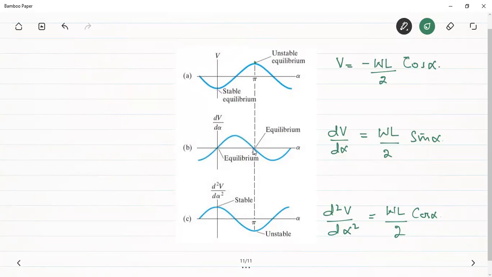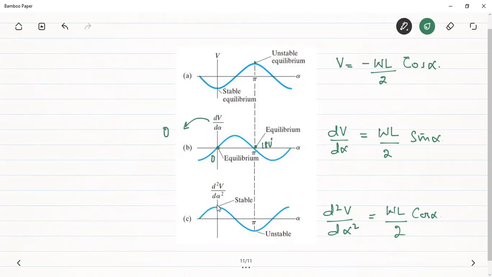This is the variation of dV by d alpha, and when dV by d alpha is 0, those are the points of equilibrium. See here, this point is an equilibrium point because dV by d alpha is 0, and this point is also an equilibrium point because dV by d alpha is 0. Here alpha was equal to 0 degrees, and here alpha was equal to pi, or 180 degrees.